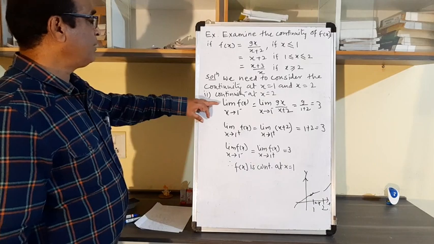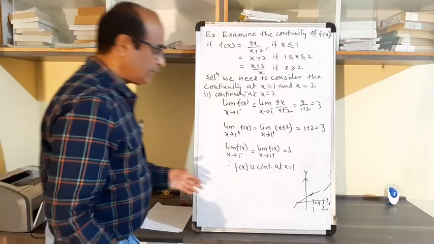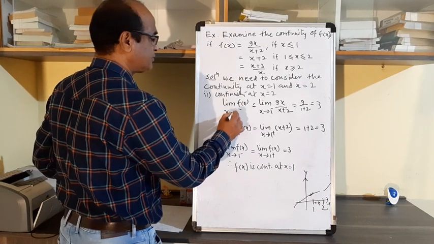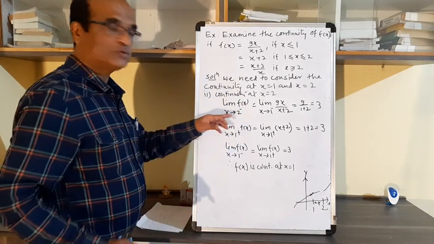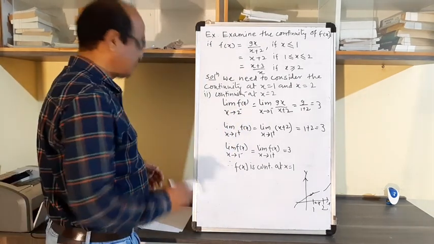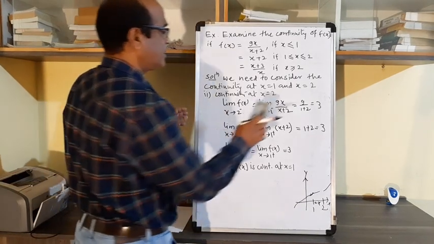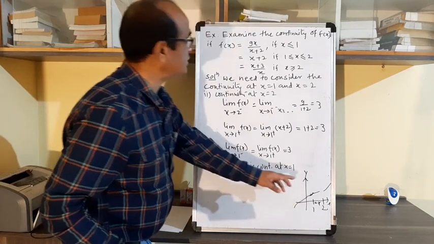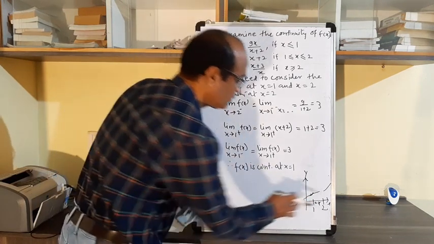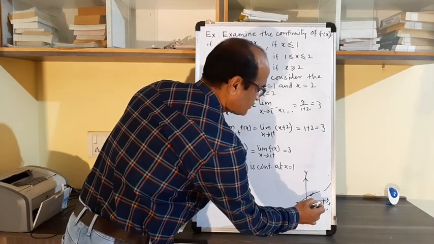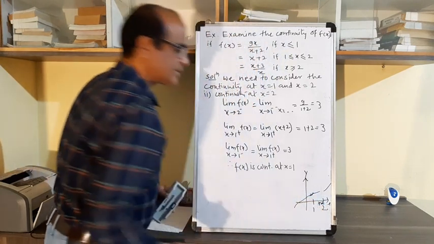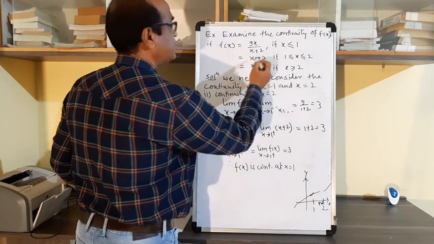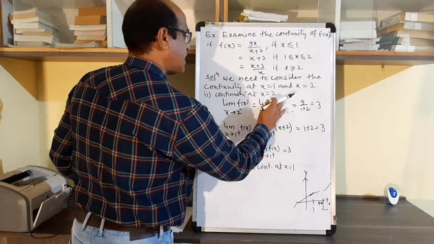So what is the limit of f(x)? We take first the left hand limit. x tends to 2 minus means left hand limit. The function in between 1 and 2 is x plus 2.